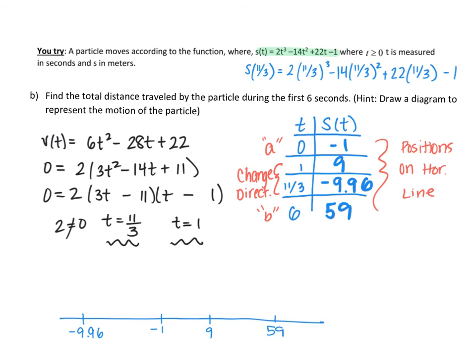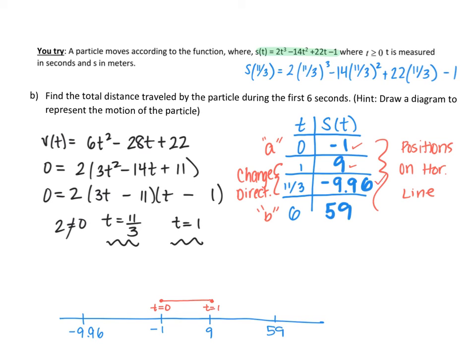So now we're going to start. We're going to put the first position to be negative 1, and that's at time equals 0. So we're going to go ahead at negative 1 and put a little dot and say this is at time equals 0. Check. Then we're going to go to 9 and put a second dot, and that's at time equals 1. So we move to the right.